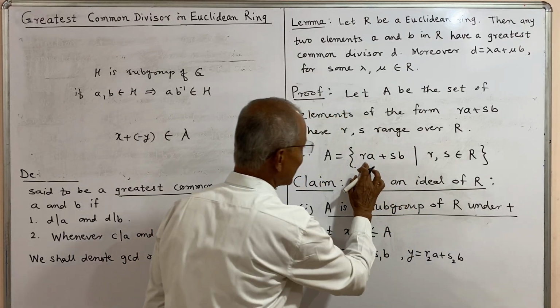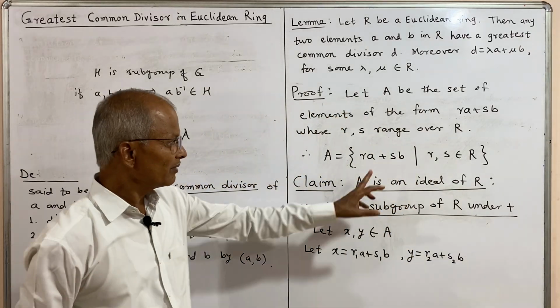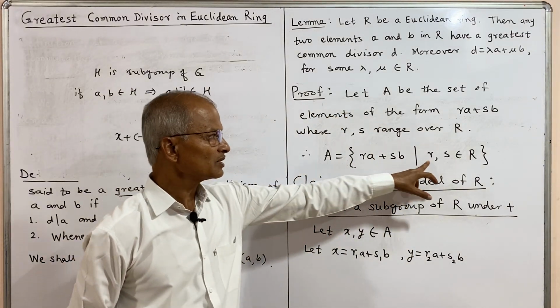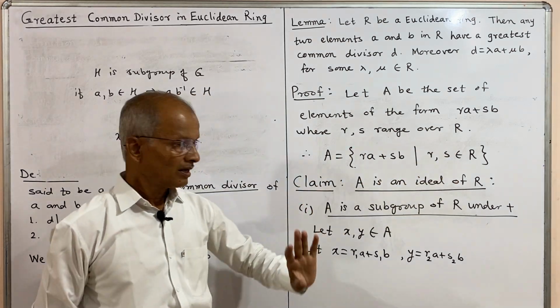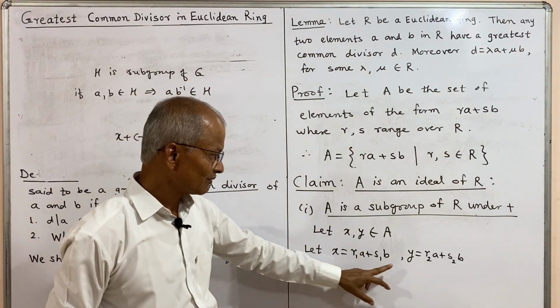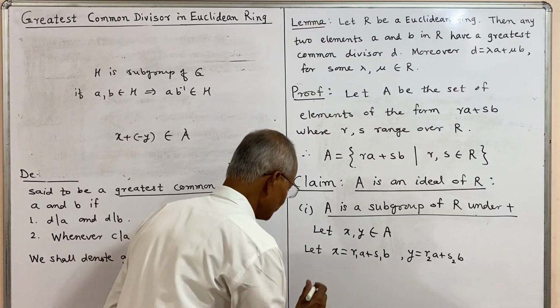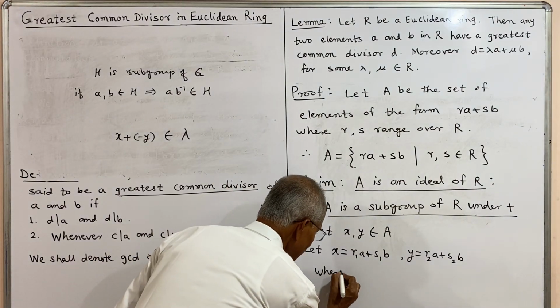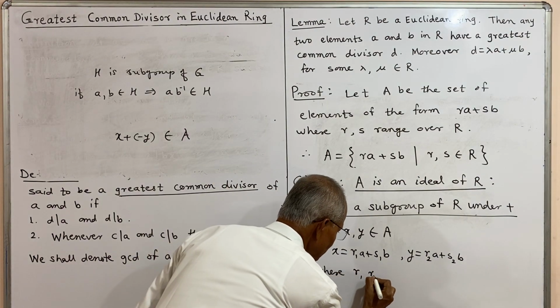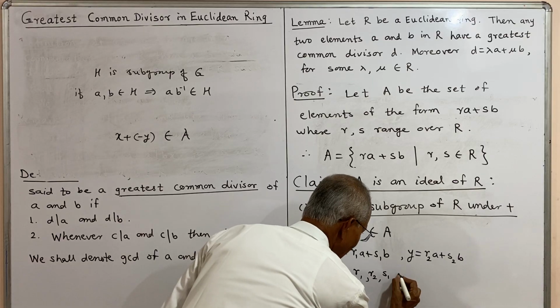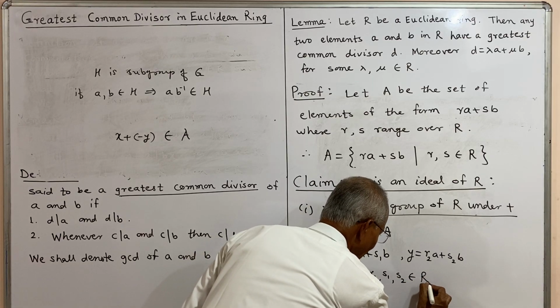We have changed R and S. A, B remain fixed. R, S range over R, and that means R1, S1, R2, S2 belong to R.